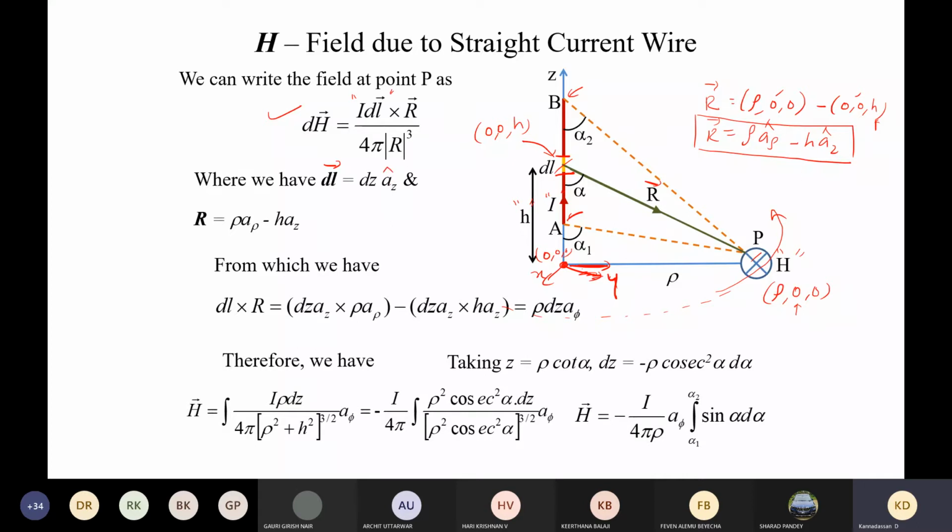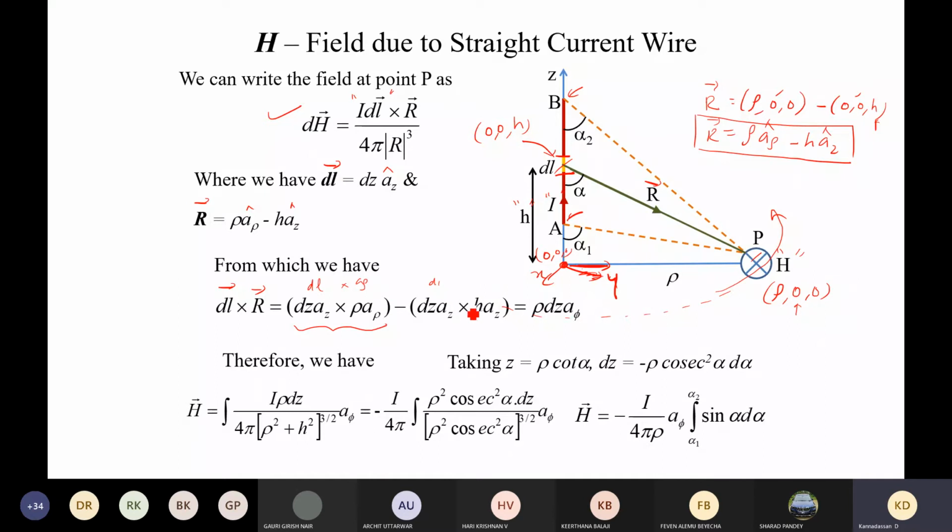So the r vector is known, and the dl vector is known. First, we will take the cross product of them. We can easily multiply them term by term. So this is the first term, the dl vector with the rho component. And here also the dl component with the z component is multiplied.